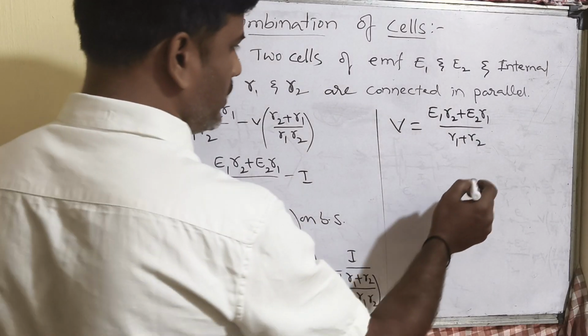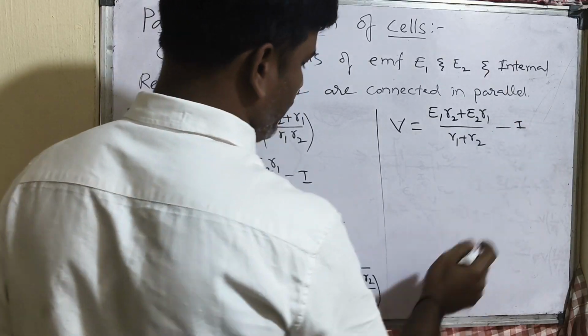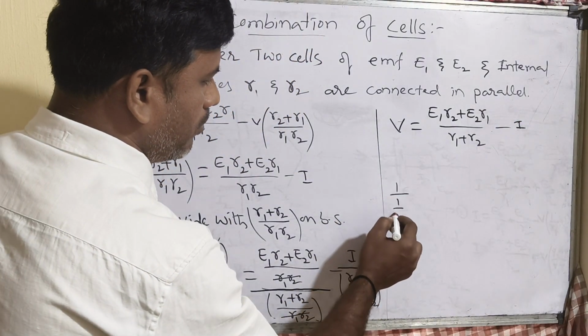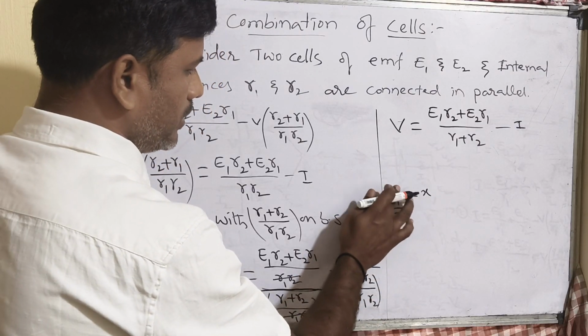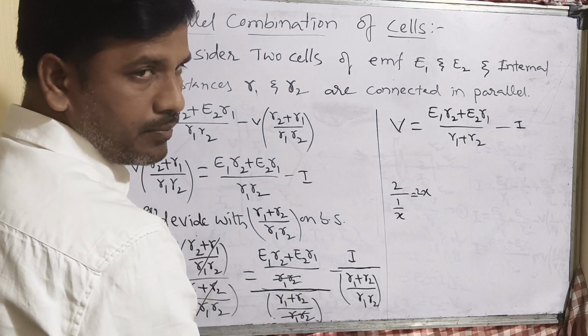Right, next, minus I is there. It is reciprocal. 1 divided by 1 by x means x only will come. Same like that, for example, 2 divided by this one means 2x will come.